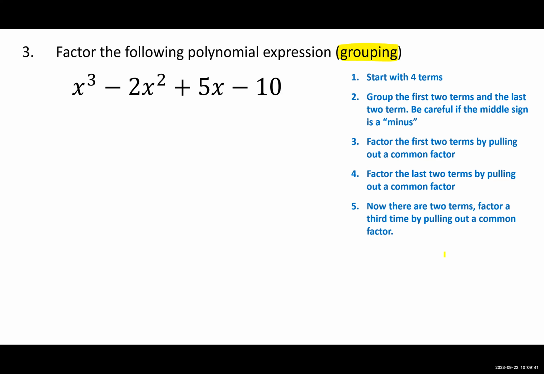It's not a step that you're actually doing, but start with 4 terms. That's step 1. You have to have 4 terms. You're not always going to be able to factor by grouping, but if you're going to, it has to be with 4 terms. The next step, group the first 2 terms.